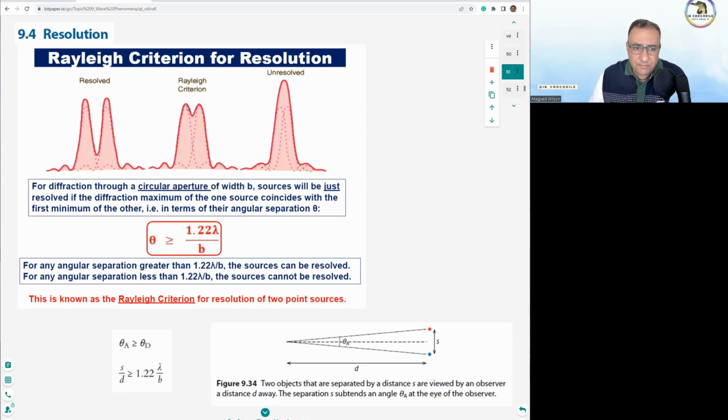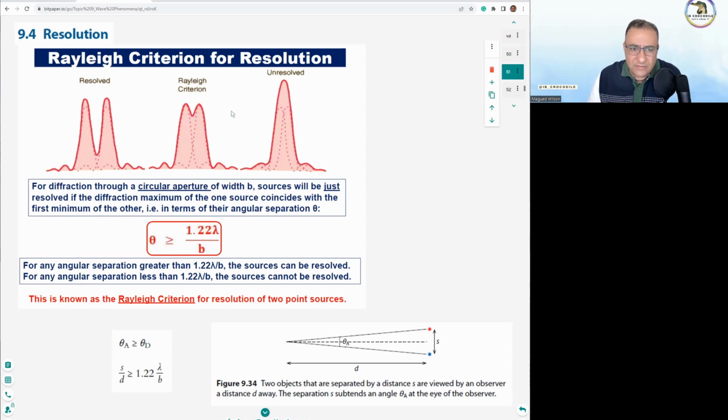Now, the Rayleigh criterion states that for two stars or two objects to be resolved, or to be seen as separate from their surroundings, the condition is that the principal maximum of the first object cannot be closer than the first minimum of the second object, which means they coincide with each other here.